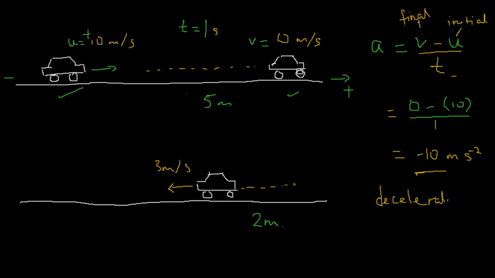That means that the car is slowing down. But a negative acceleration has another meaning. The minus sign can mean to the left, so it can also mean accelerating to the left. So the minus sign here can either mean slowing down to the right or accelerating to the left. Now let's have a look at this second possibility.